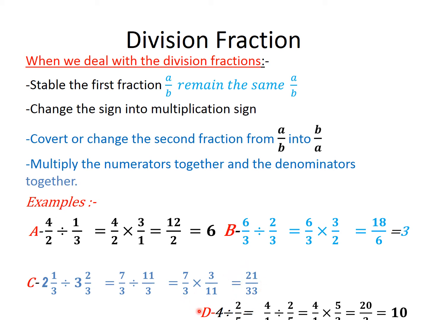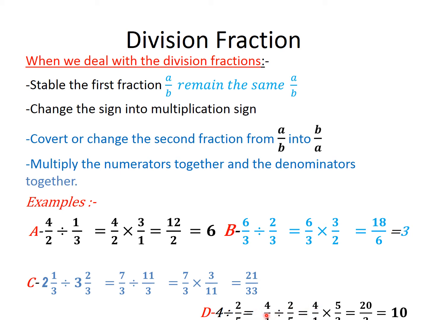Look here, and the last example is 4 divided by 2 over 5. As I said, any number is over 1. It will be 4 over 1 divided by 2 over 5. As I said, we stable the first fraction, it will be 4 over 1.